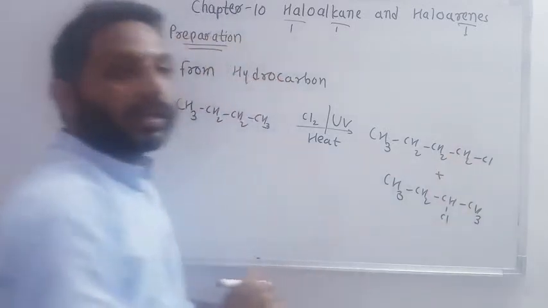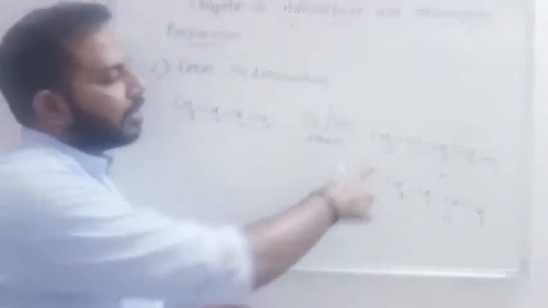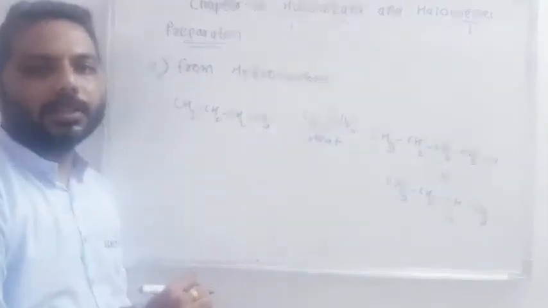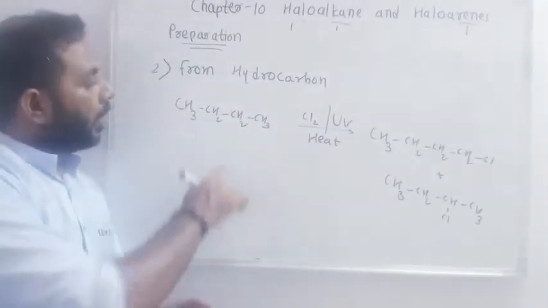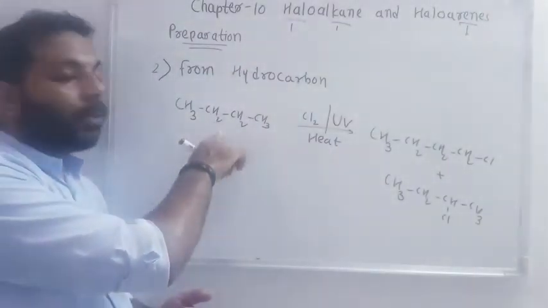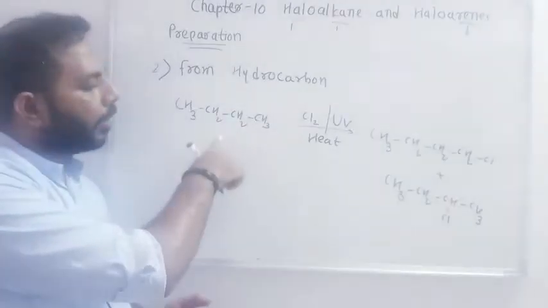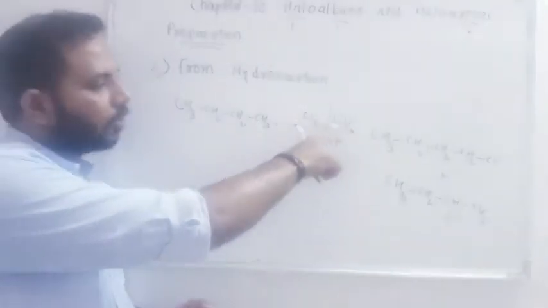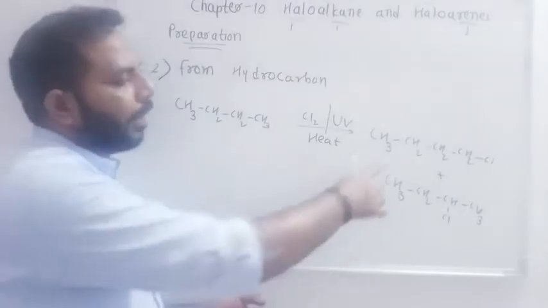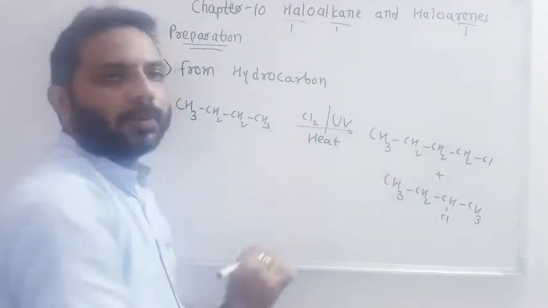These two products are isomeric, which means they have the same formula but different structure. So if we react a hydrocarbon like butane with halogen in presence of UV light, we can get many monohaloalkanes or polyhaloalkanes which are isomeric forms.